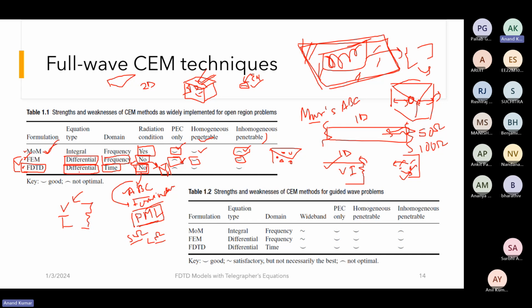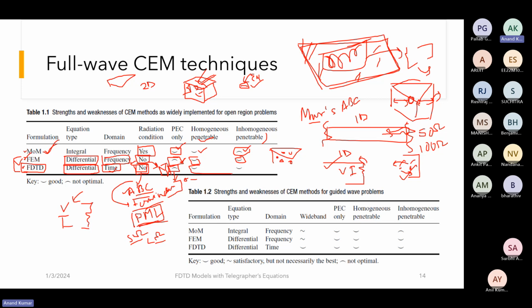Similarly, FDTD is differential and it is time domain. We use absorbing boundary conditions, perfectly matched layers, or some other sort of termination that we'll see in this course. It's not very good with PECs, but you can use high sigma values to solve them.